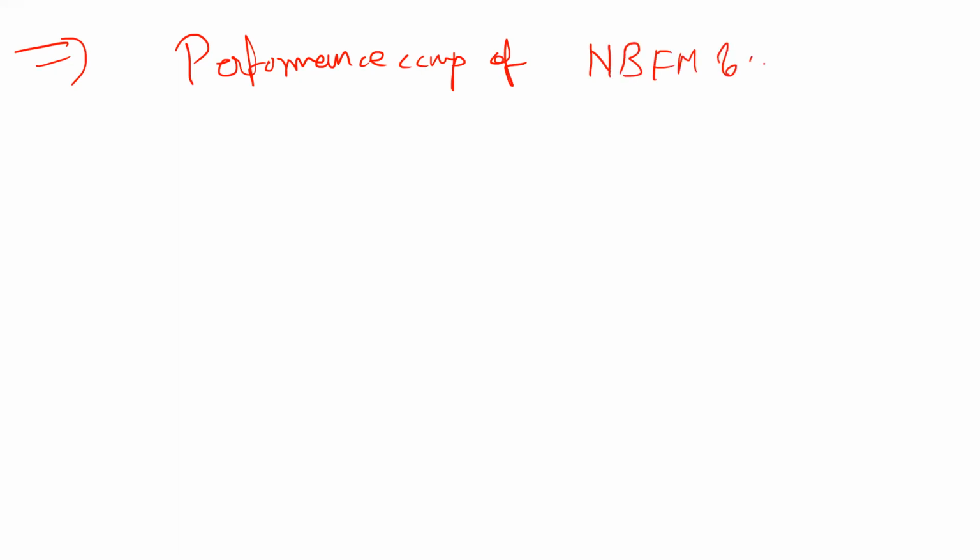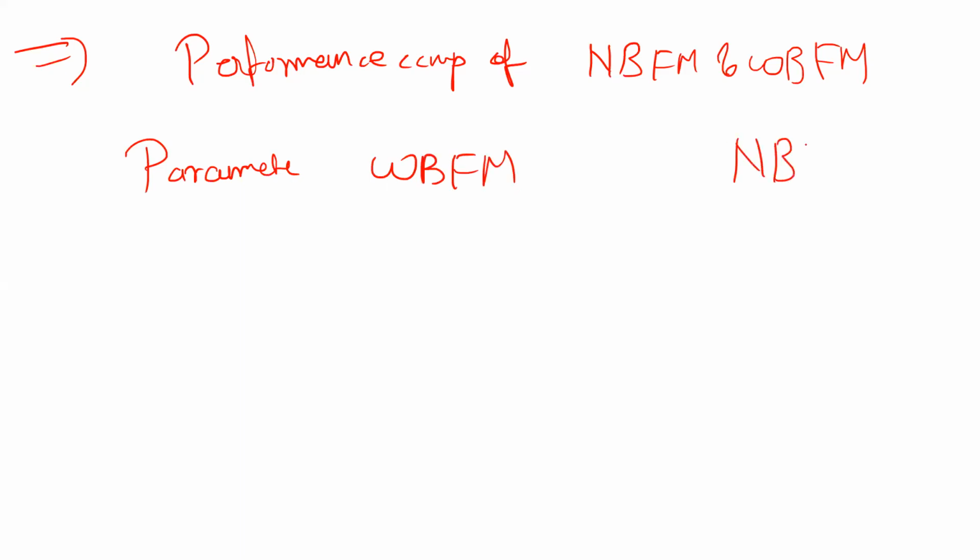The last topic for my lecture is going to be the performance comparison of narrow bandpass FM and wide bandpass FM. Let's try to understand what is the difference and everything. So the parameter: wide bandpass FM, narrow bandpass FM.